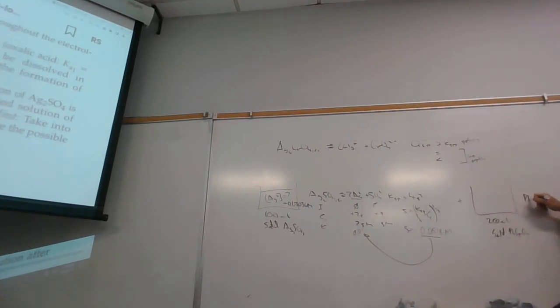So we'll have to do a KSP equation here. Lead chromate solid goes to Pb2+ plus chromate. In this case, it's 0, 0, plus S, so we get S and S. So KSP is equal to S squared, and S is just equal to the square root of KSP.